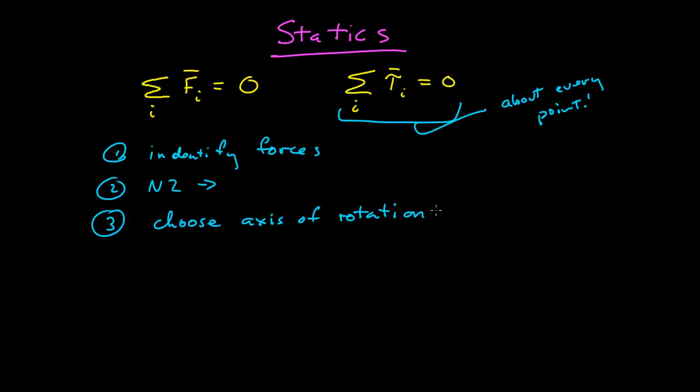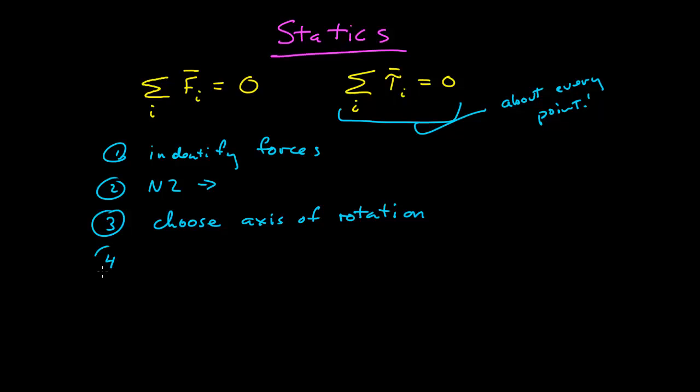For example, if you choose an axis of rotation at a point where many forces are acting, then the torques due to all those forces are 0. Perhaps you want to choose an axis of rotation at the center of mass of an object, then the torque due to gravity is 0. There are many different choices, but you have to go ahead and choose an axis.